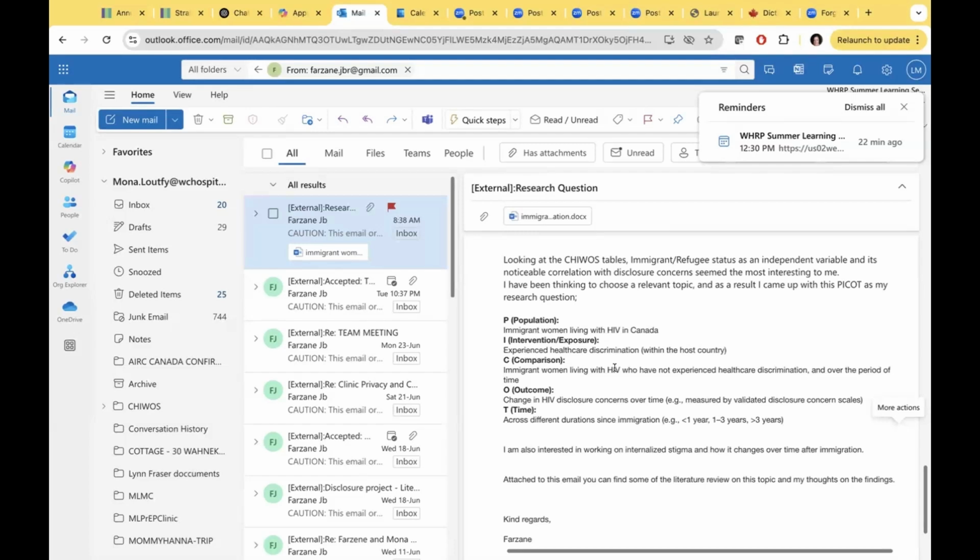It's actually going to be all the CHIWOS participants. So it's all the women living with HIV who participated in CHIWOS. Okay? Your immigrant status is actually your independent variable.